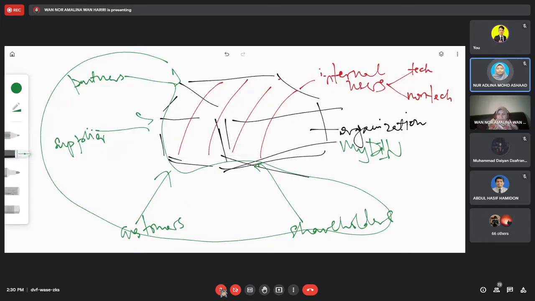Product supplier. Supplier, they are not internal. They are external, because they don't work with Maidin. Okay, supervisor. Supervisors, yes. You have to distinguish between the internal users and also external users.